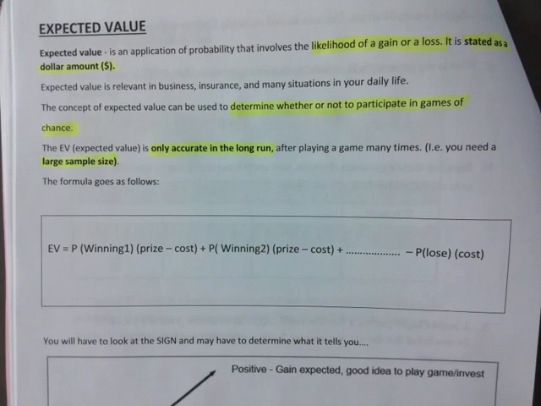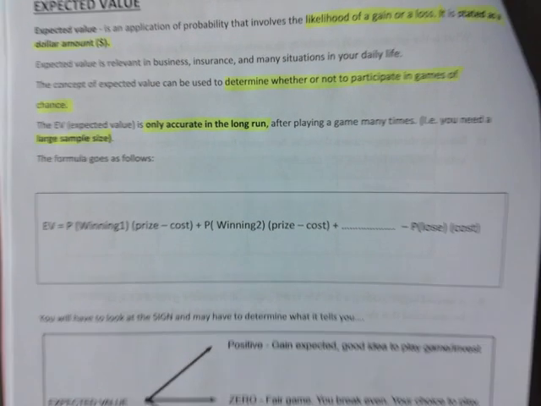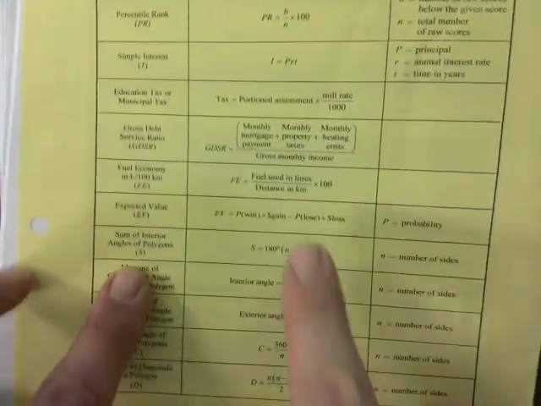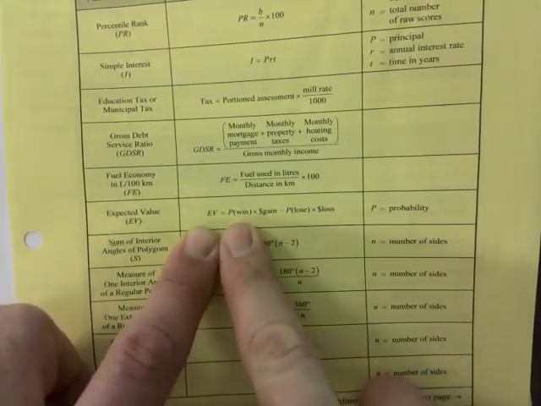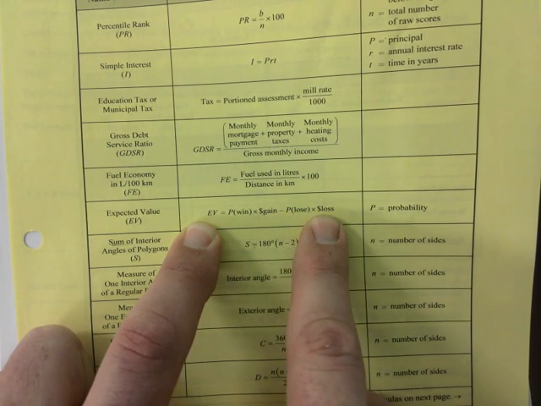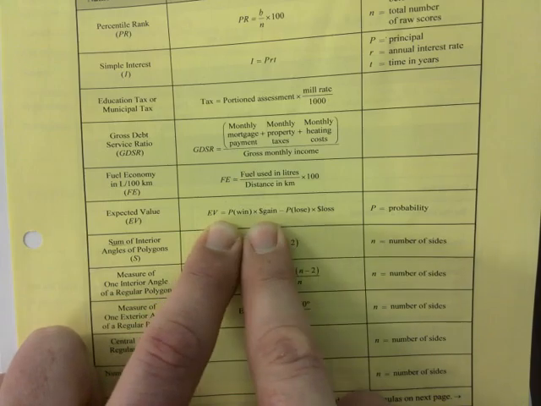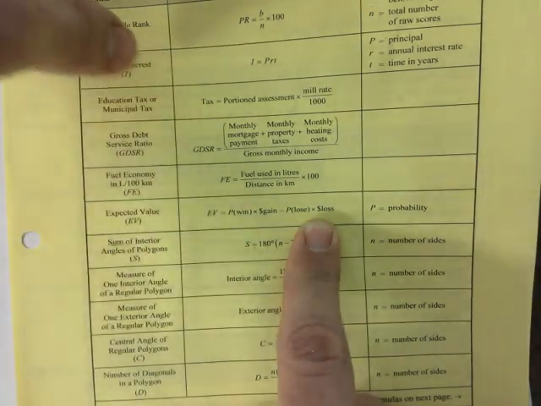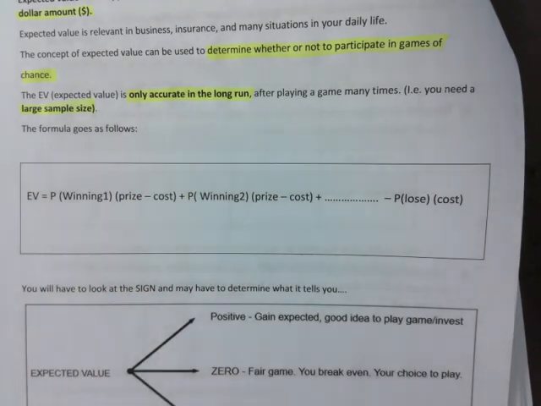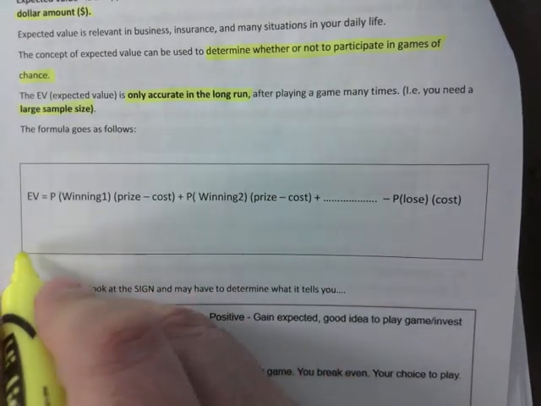And here's a formula. This formula is very different than the one you have on your formula sheet. But look at the way yours looks here. Expected value, probability of win times gain, minus probability of lose times loss. That's it. It's a very simplified formula. But this is the one that I would suggest you have on your study sheet, because this one helps you way more.